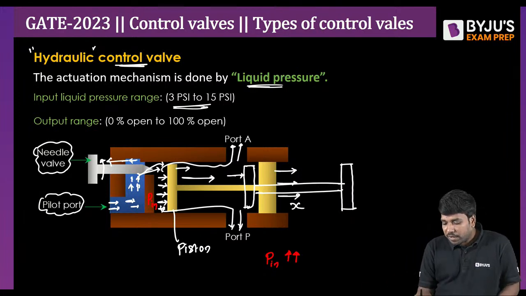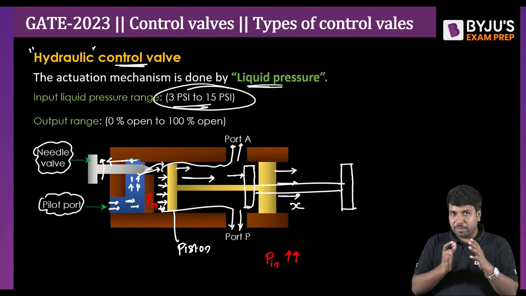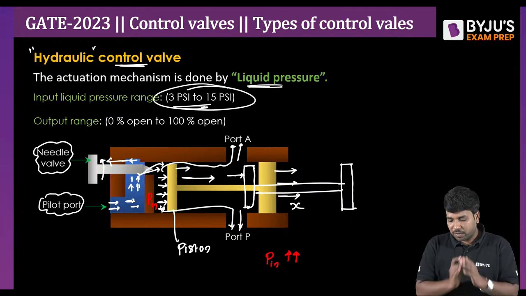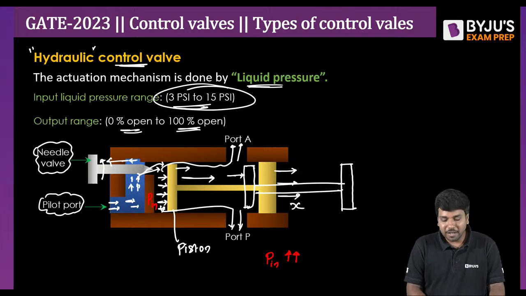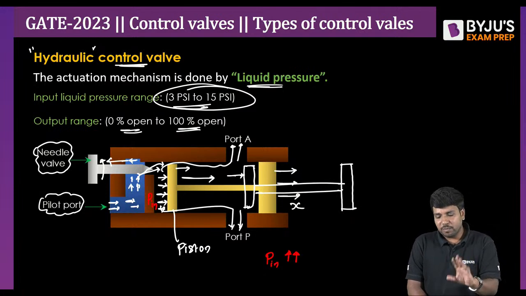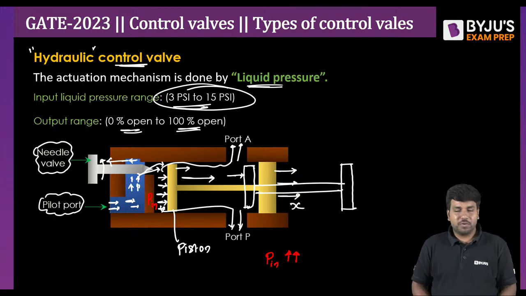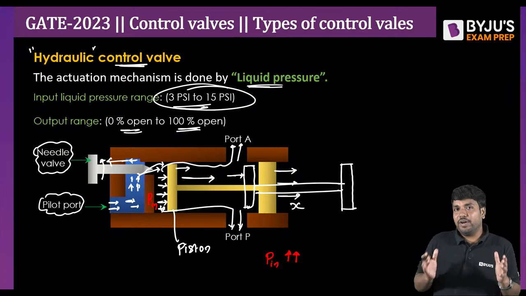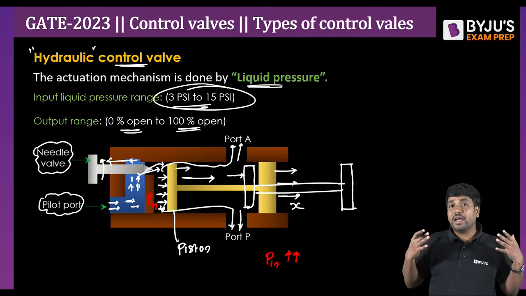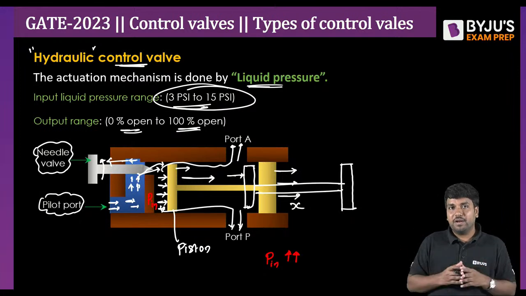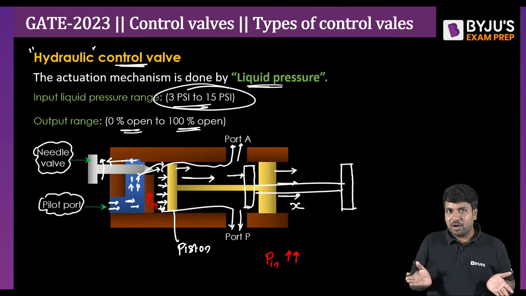Okay, so 3 psi to 15 psi is the pressure range, and for 3 psi it will be 0% open, and for 15 psi it would be 100% open here. Clear? So the same range, even for the pneumatic pressure and even for the liquid pressure, we are using. However, the liquid or hydraulic actuators are bulky ones because they have to handle a lot of fluid, whereas pneumatic valves are not so big, right?